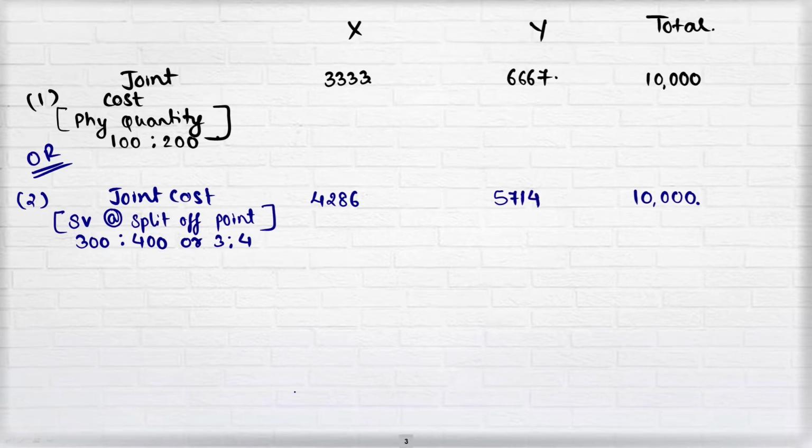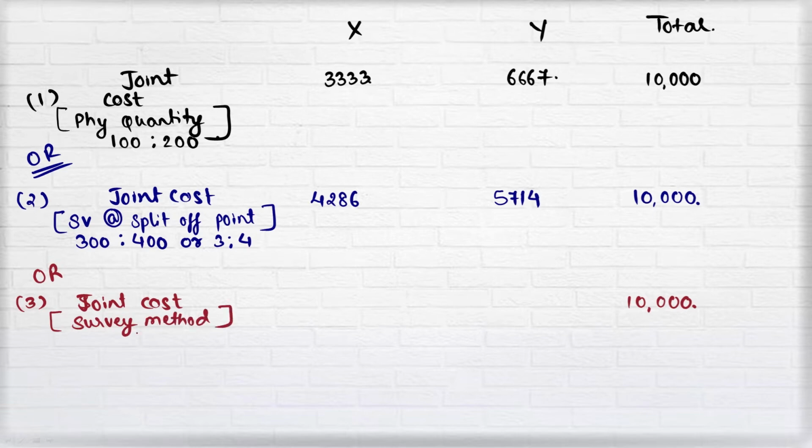Very simple. Or you can do it by, again, let me write down joint cost is 10,000 and it can be done by survey method. What is a survey method?